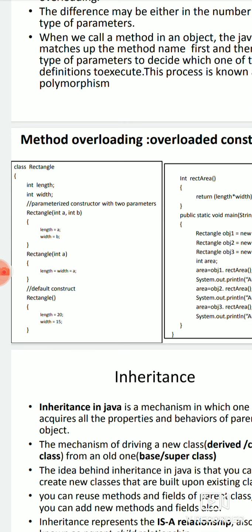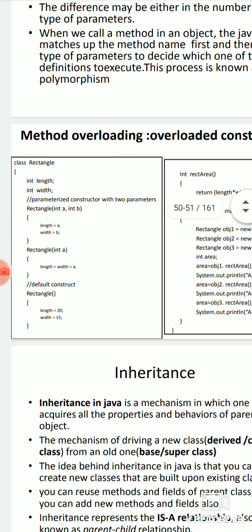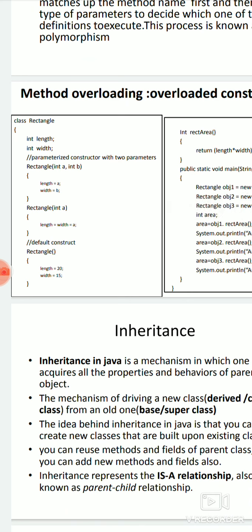Inside the definition is written length is equal to width is equal to a. Now next is again another constructor but with no parameters. This is known as the default constructor. A default constructor will not have any arguments or parameters inside the bracket. In this I have just written length is equal to 20, width is equal to 15.